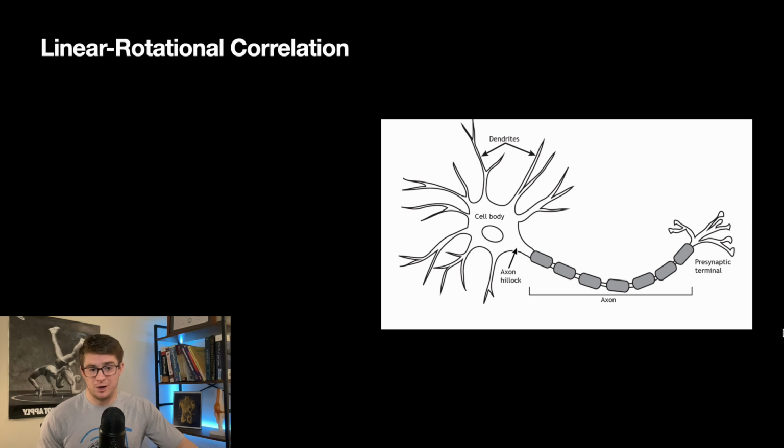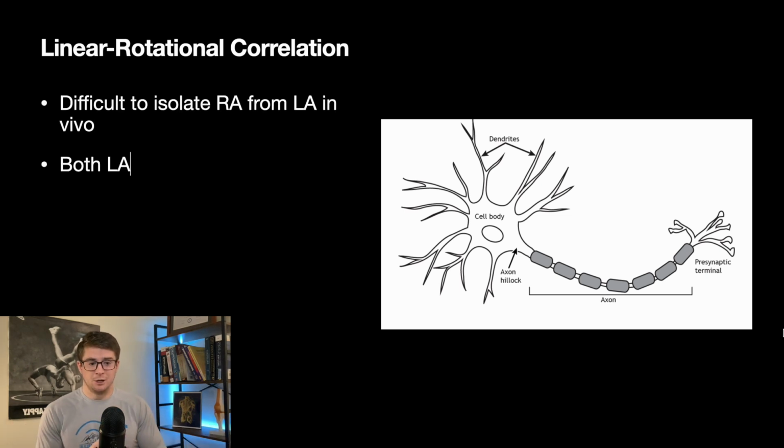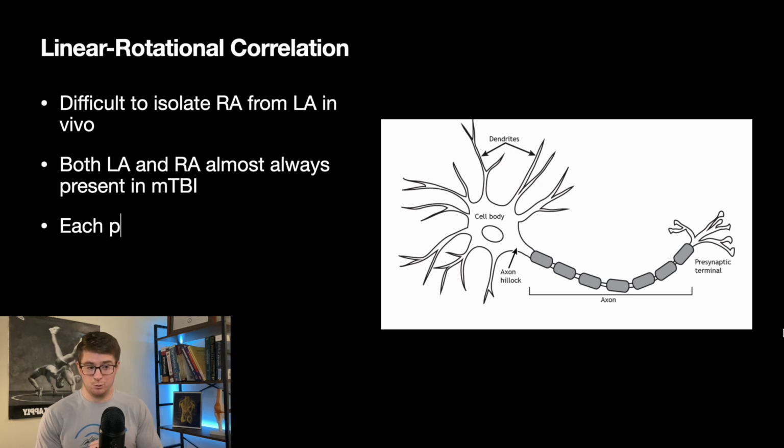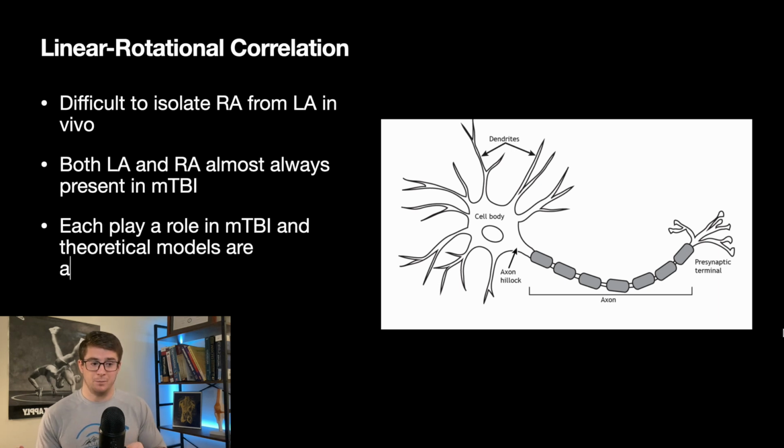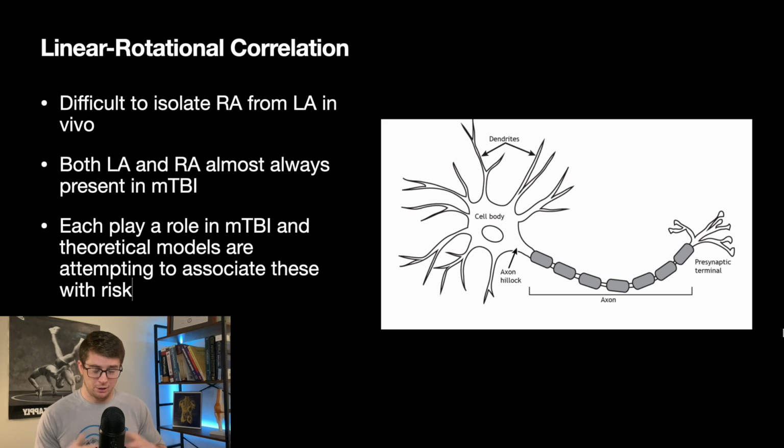So then we move on to what is more likely to cause it, and we see this a lot in the literature. You start with one thing, you start to mold it into something else, and then you find out that it's probably a combination or some variation or gradation of the two. So it's very hard to isolate rotational acceleration from linear acceleration, particularly in vivo, or in humans. In vivo just means in live, either animals or humans.